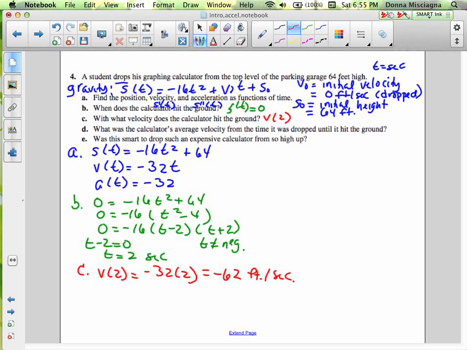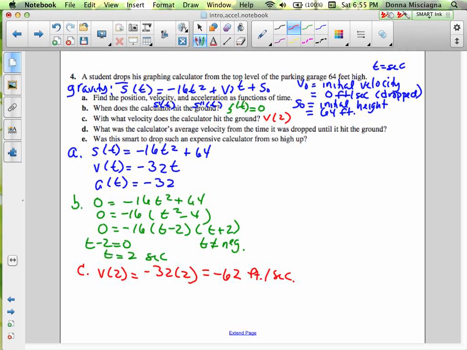And we're expecting the velocity to be negative, because we dropped it and it's headed down to the ground.